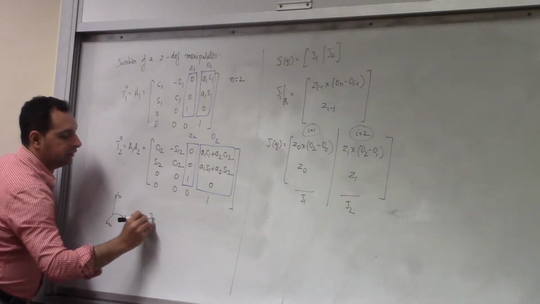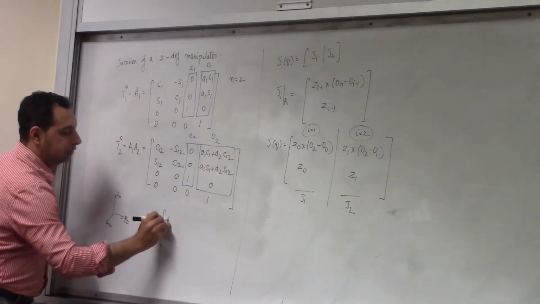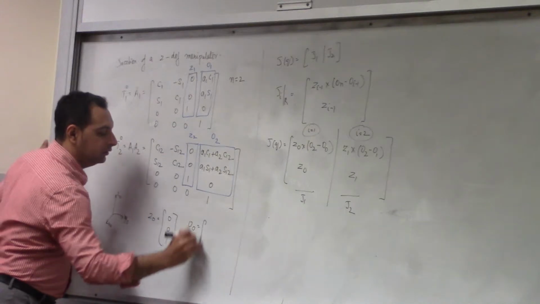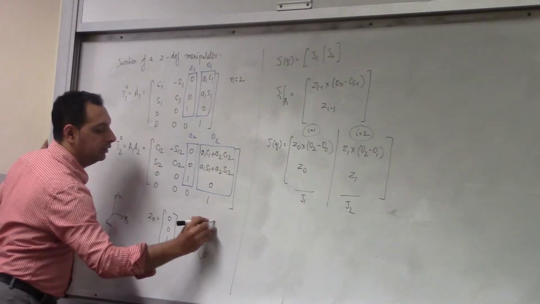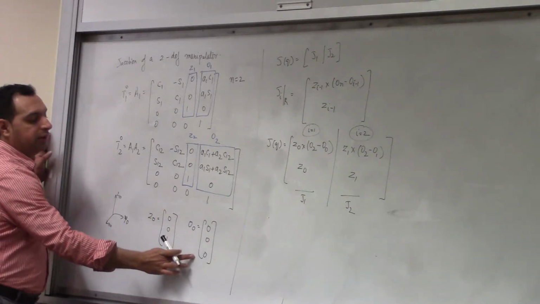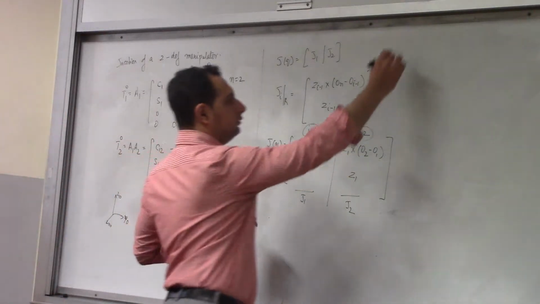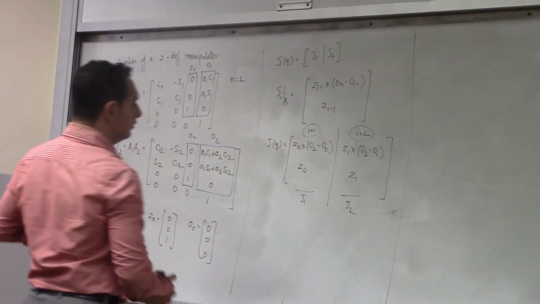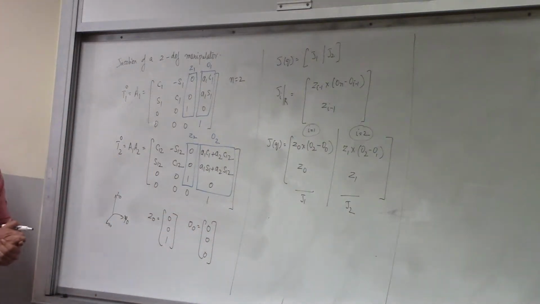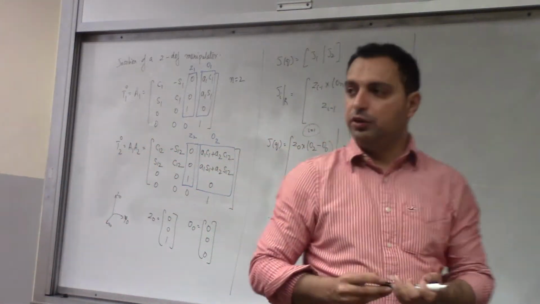So we can say Z0 will be equal to 0, 0, 1, and O0 will be equal to origin. Origin O0 is the first frame, so O0 is 0, 0, 0. Try to do this and tell me what you get. Find the cross product, tell me what you get for the Jacobian.